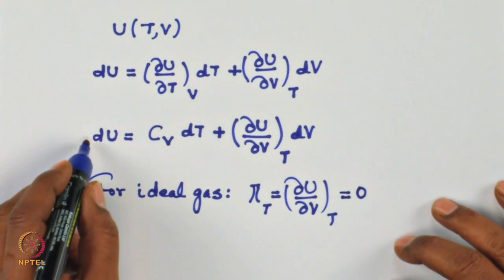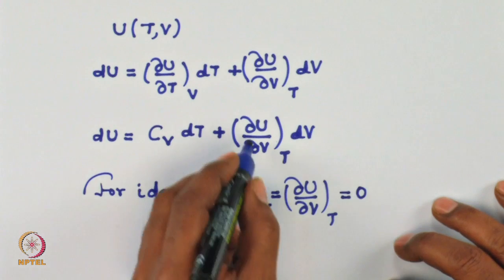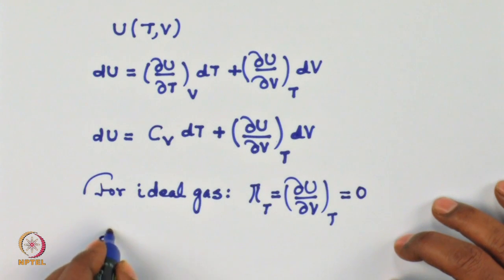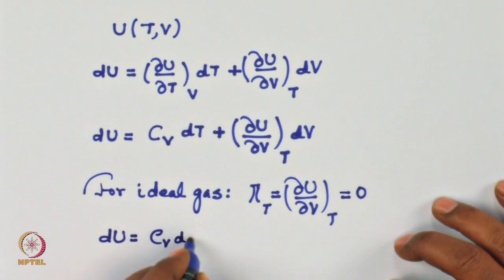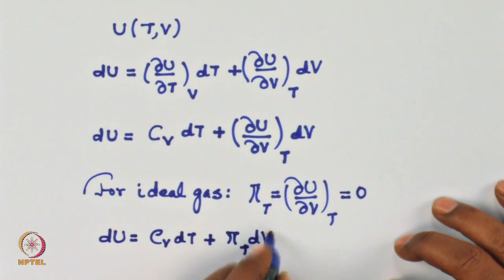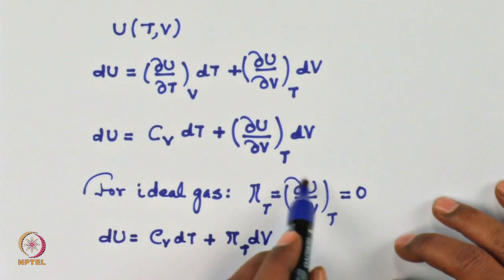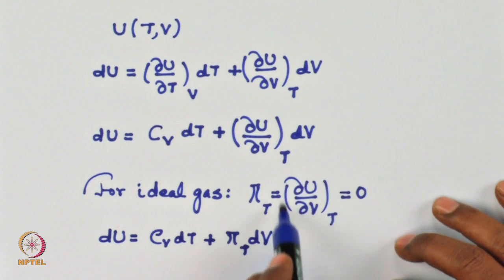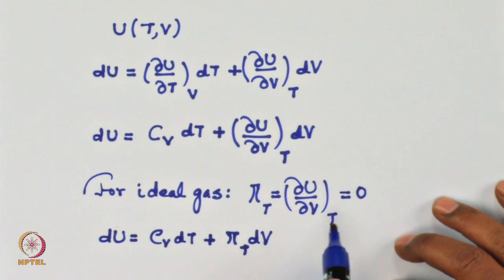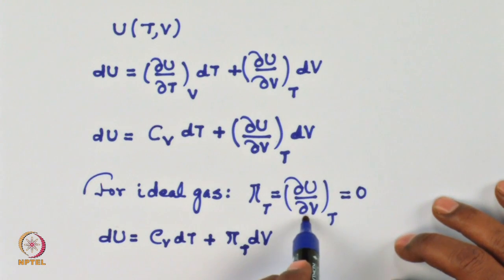Now, I will substitute for this here π_T. So, du is equal to Cv dT plus π_T dV, and if there are deviations from ideality, then this derivative will not be equal to 0. So, deviations from ideality will be captured into this, and du will be automatically adjusted here.